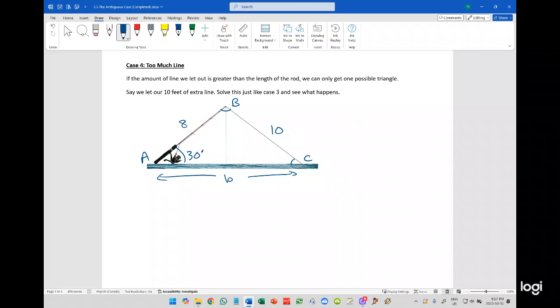Okay, so here we have our side angle pair. Here we have a side angle pair with one of the unknowns. So we'll solve for C first. Sine of C over 8 equals sine of 30 over 10, which means sine C equals 8 sine 30 over 10.